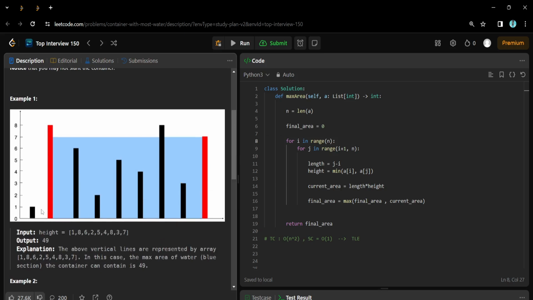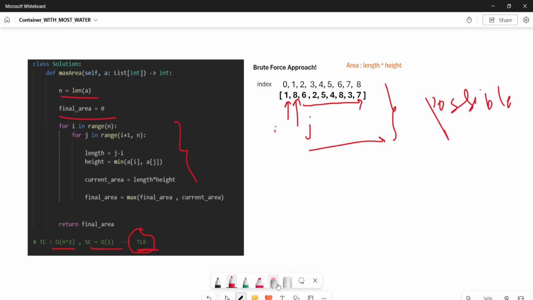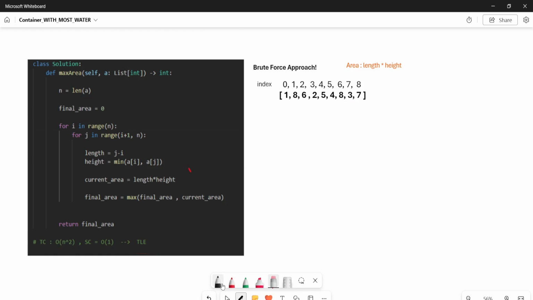If you see here, where is the scope of improvement? Let me erase this. We optimize the code by looking at the brute force approach code. We have this i pointer here and the j pointer here.